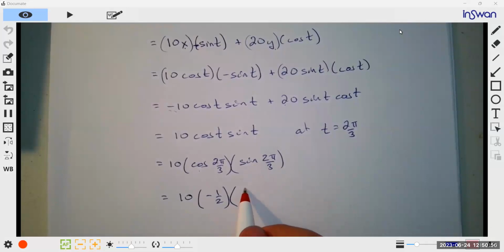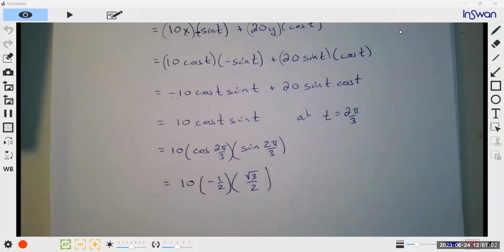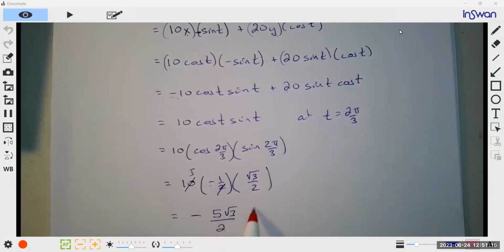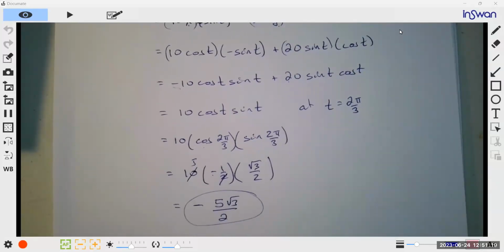Sine of 2 pi over 3 is square root of 3 over 2. So the answer is going to be negative. The 10 and the 2 cancel, so it's negative 5 radical 3 over 2. That's the first one.